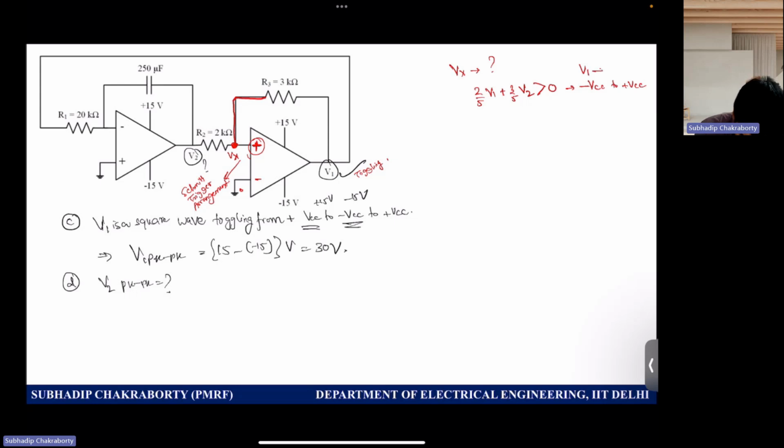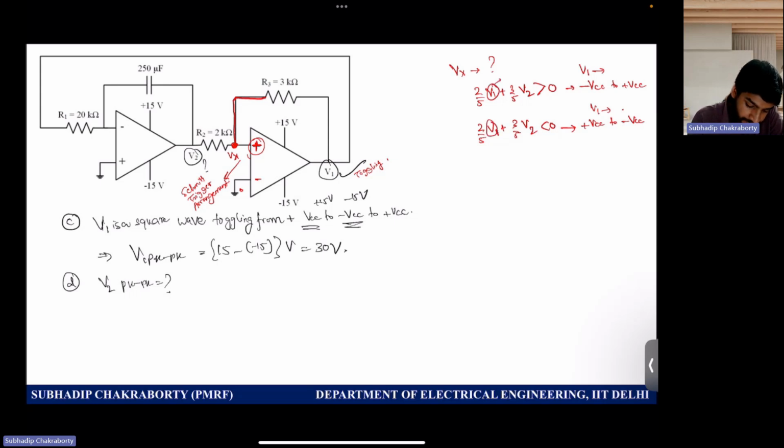And we have the reverse, that is, if it is lower than the inverting node, then the reverse from plus VCC to minus VCC for V1. So for each of these we already know the value of V1, that is the initial value of V1.